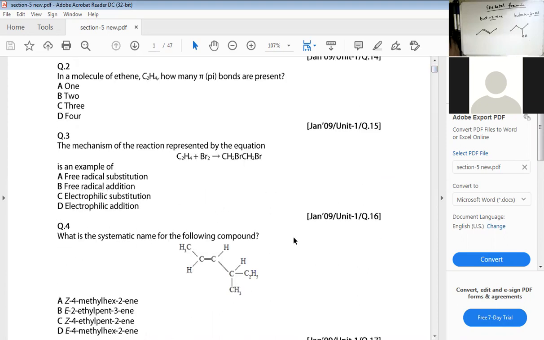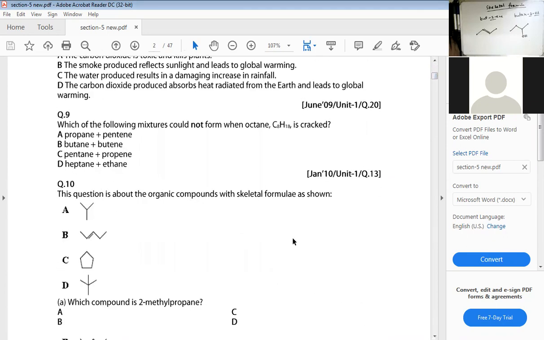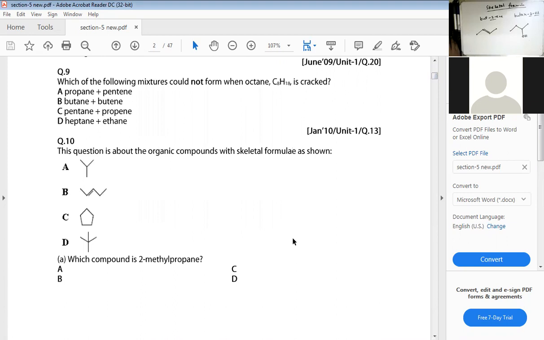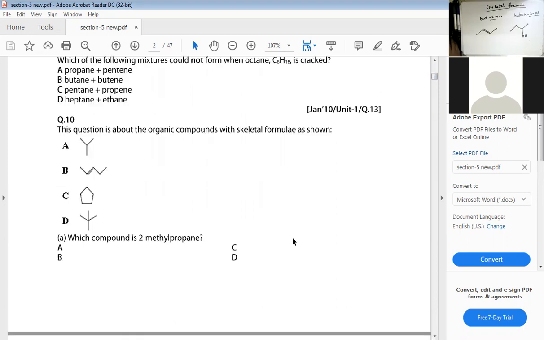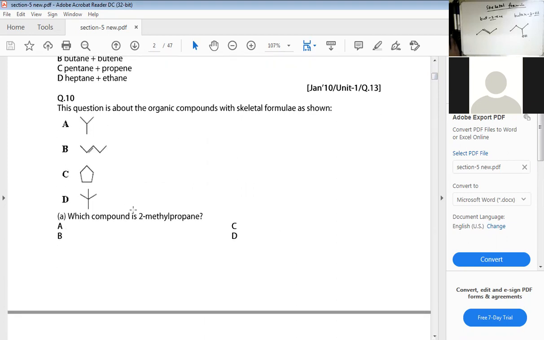Okay. This one. Look at question number 10. In question number 10, look at A, B, C, D, 4 skeletal formulas given, right? So the first question is, which compound is 2-methyl propane?